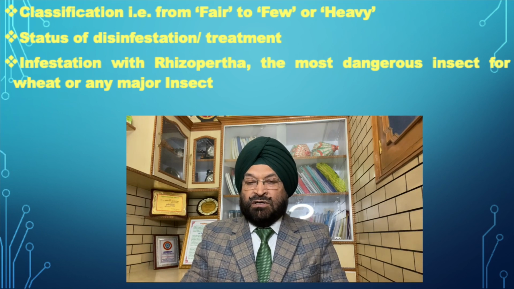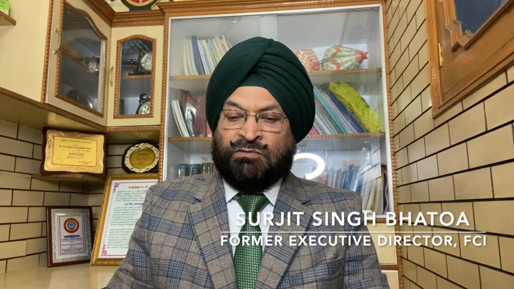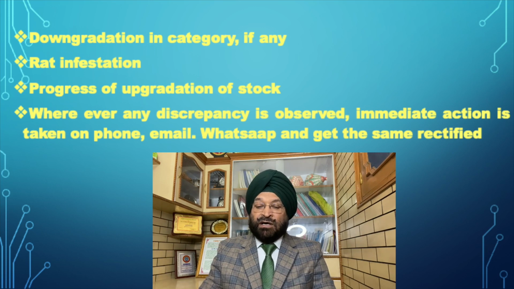Rhizopertha is the major insect responsible for atta formation, reducing the whole wheat stocks into atta. So that's why I have particularly kept this for monitoring. Then downgradation in the category, if any, can be ascertained. What is the rat infestation position? Progress of upgradation of the stock. If some stocks have been downgraded, what is the status of upgradation?